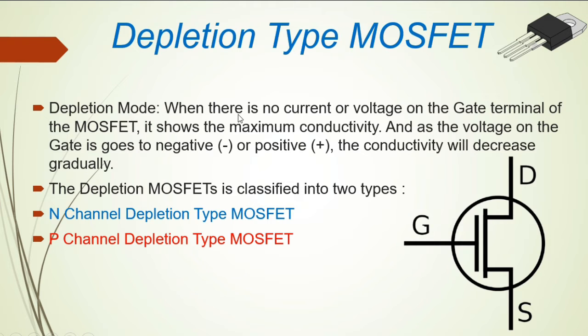when there is no current or voltage on the gate terminal of the MOSFET, what will happen this time? It shows the maximum conductivity. So the depletion mode is the opposite of the enhancement mode.